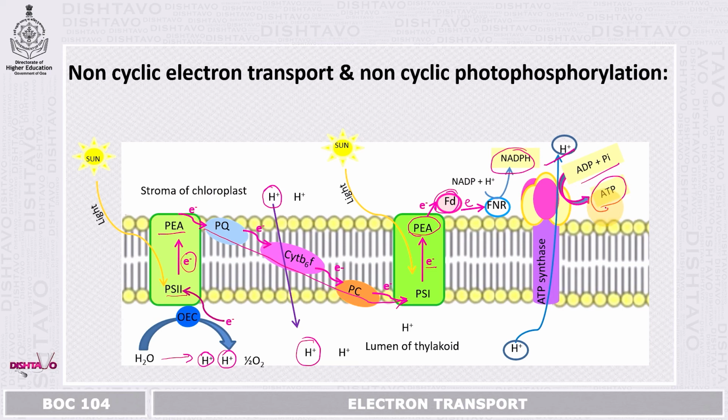The process of ATP formation with this flow of electrons in a non-cyclic manner is called non-cyclic photophosphorylation.